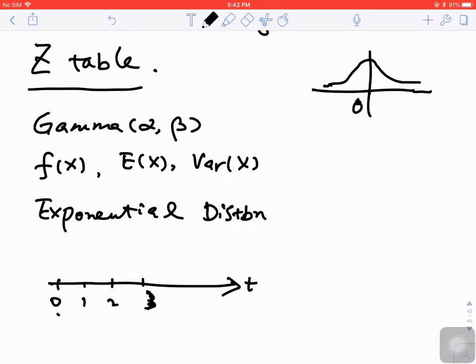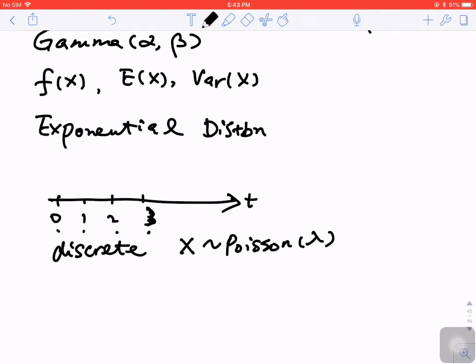Those numbers are discrete, and say the number of phone calls you got is X. So X follows a Poisson distribution, because it's discrete and it's the number of arrivals.